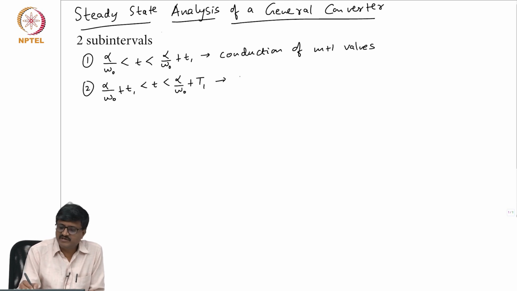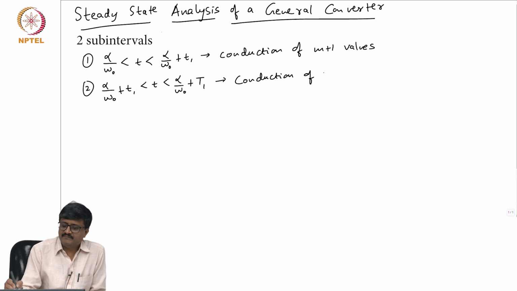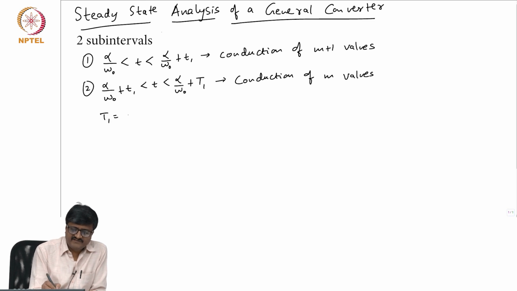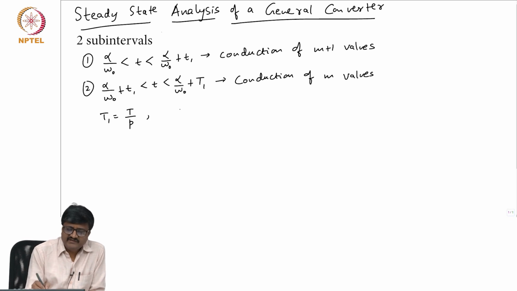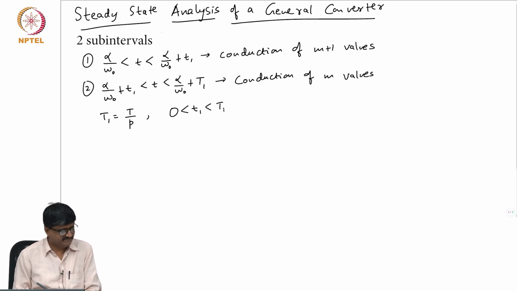So this corresponds to conduction of M valves. So T1 by definition is the period of the AC side waveform T. If it is 50 hertz, T is 20 milliseconds, divided by P, T by P gives uppercase T1, and T1 can be somewhere between 0 and uppercase T1. Okay.